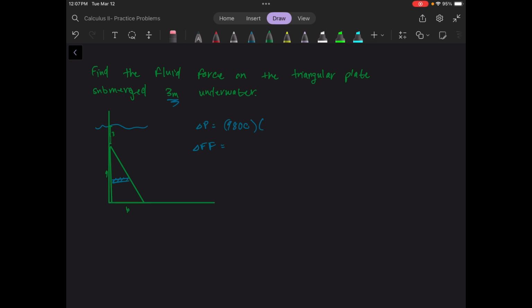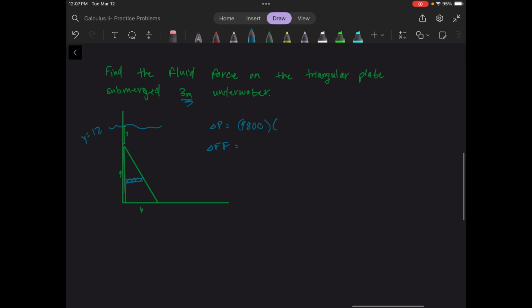We can see that since this triangular tank is 9 meters tall and it's all 3 feet underwater, sea level really happens at y equals 12, where the bottom of the tank is at y equals 0. You could set your y equals 0 to be at the ground or sea level or at the top of the tank.